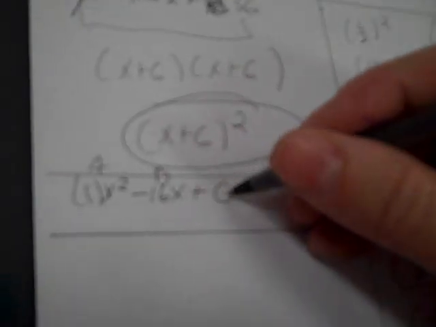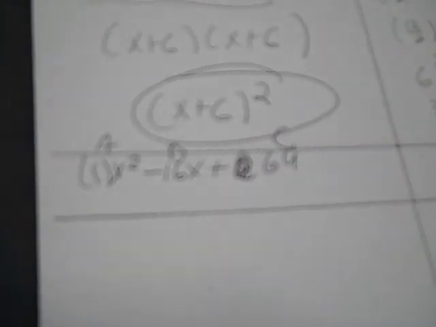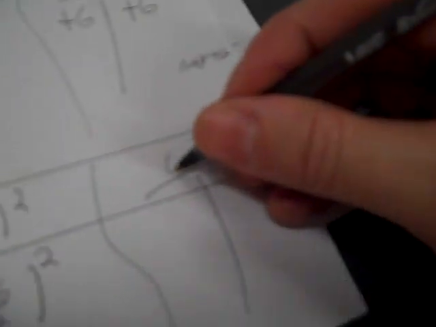Okay, next one, b over 2 squared. Okay, so you get negative 16 divided by 2 to the second. That's negative 8. But if you take negative 8 times itself, that's 64. So c is 64. And now factor the trinomial. It's positive 64.